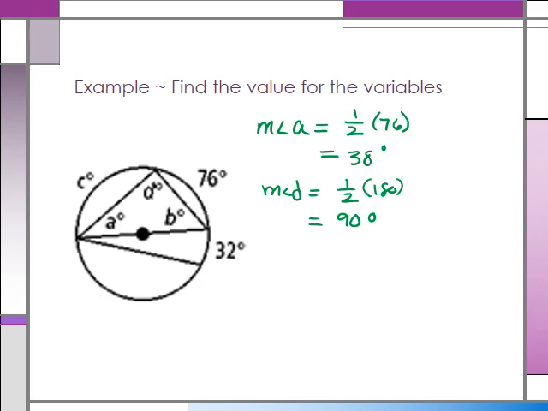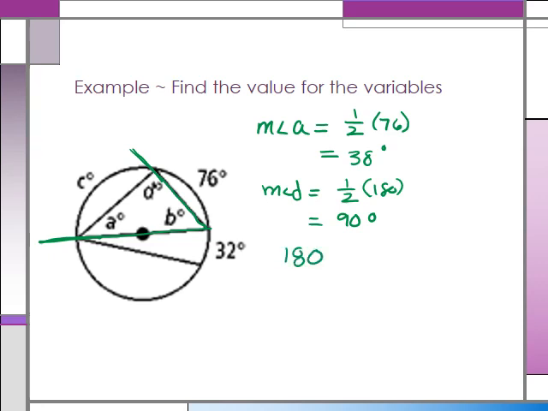So B is here, but we don't know what C is because it's going to be twice what that angle is. But we do know that A and D are 38 and 90, and this is a triangle. So 38 and 90 is 128.